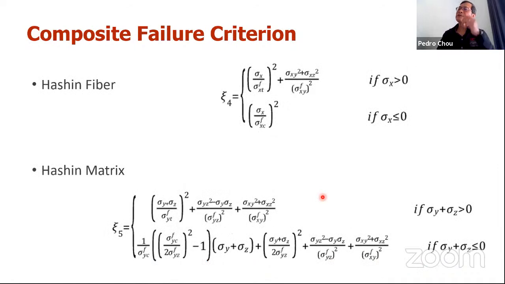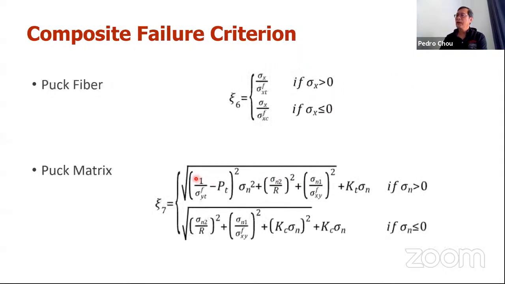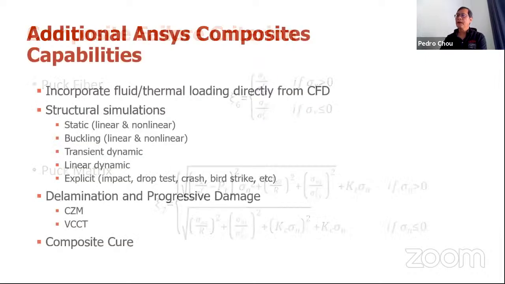And then you have the physical criteria, like Hashin, where you separate the failure criteria for fiber and for matrix, and for tension and compression. And same thing for Puck. Okay, so you have the failure criteria for fiber and for matrix, and then the treatment for tension and compression would be different.